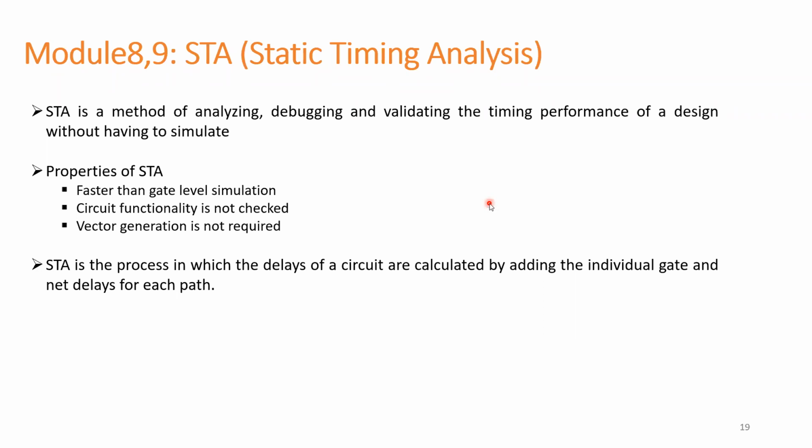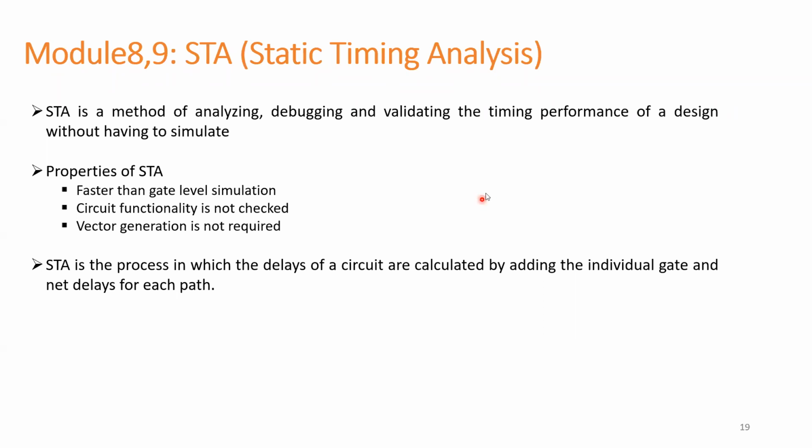It takes a lot of time to generate the input vectors, and the runtime will be very huge if we run the timing analysis with input vectors. The memory usage and CPU usage will also be very high with dynamic timing analysis. Because of these reasons, we prefer only static timing analysis.